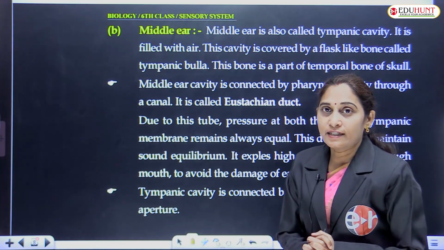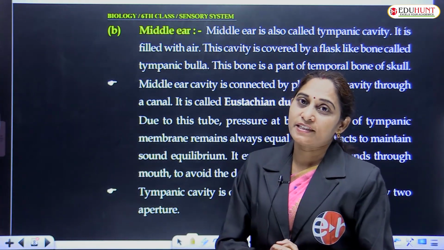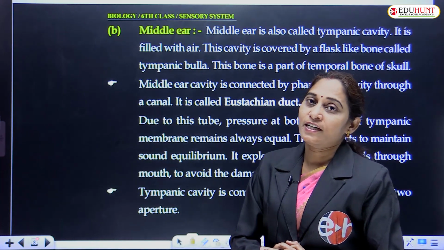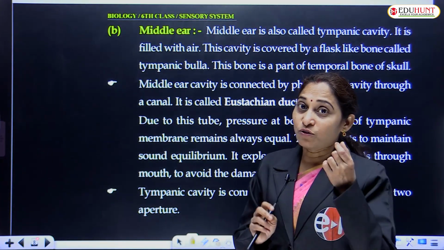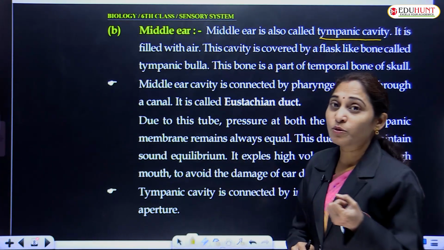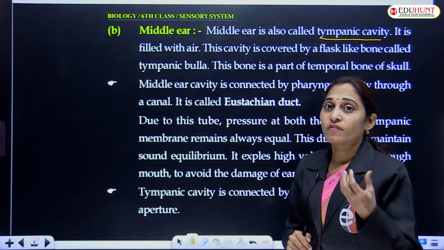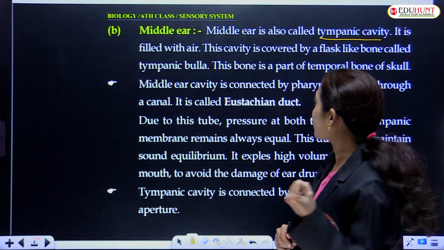The middle ear is called the tympanic cavity, and it is filled with air. We call the middle ear cavity the tympanic cavity. It consists of air, and it has a bone for its support.